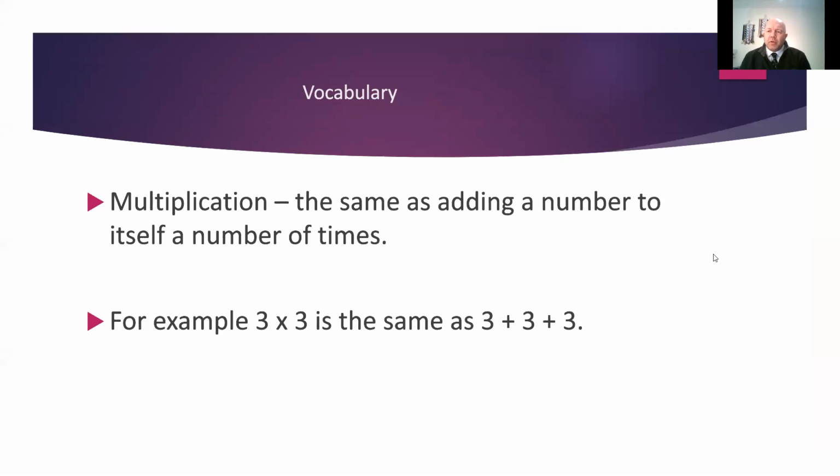So here's some of the vocabulary that we're going to be looking at today. Multiplication. It's just the same as adding a number to itself a number of times. It's repeat addition. So for example, 3 times 3 is just the same as saying 3 plus 3 plus 3. Okay, so 3 times 3 is 3 lots of 3.